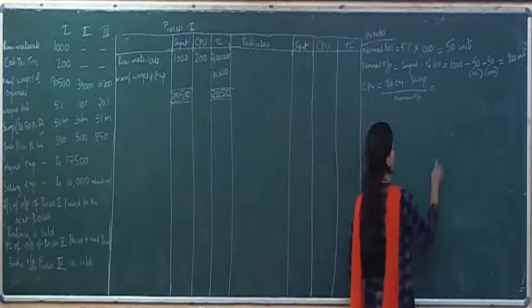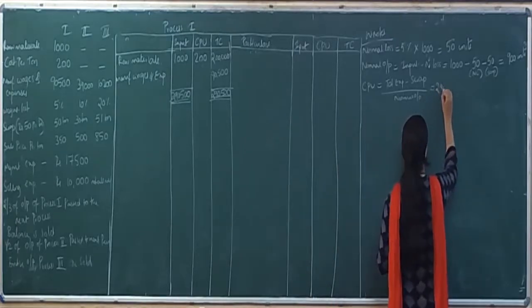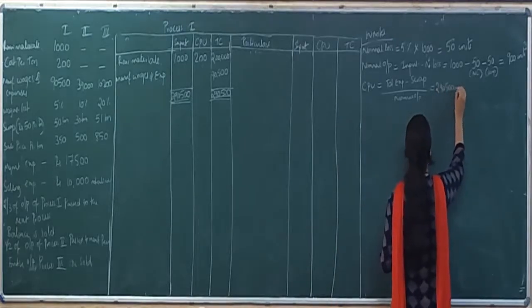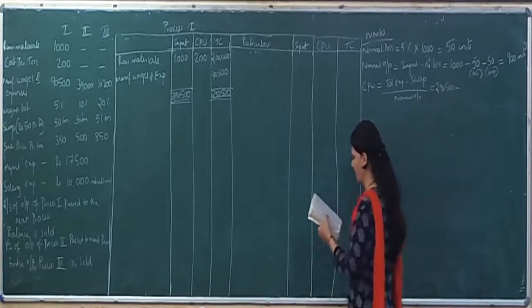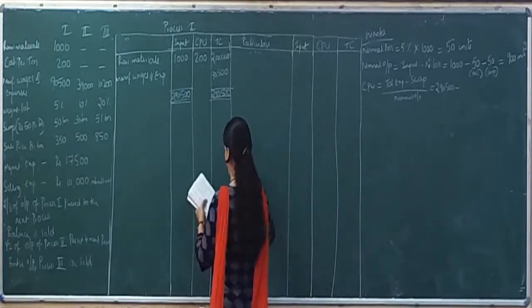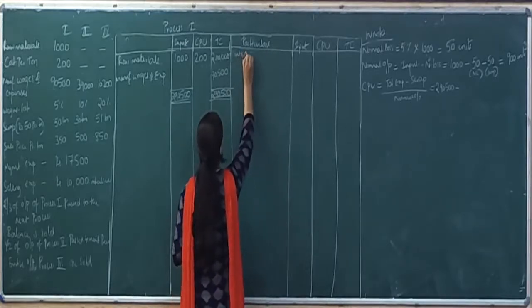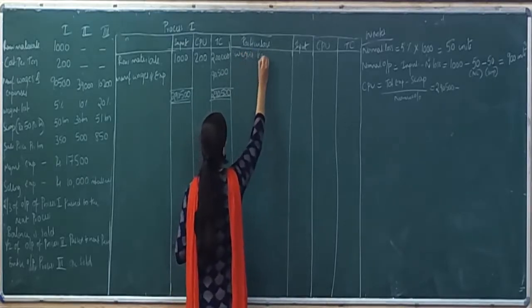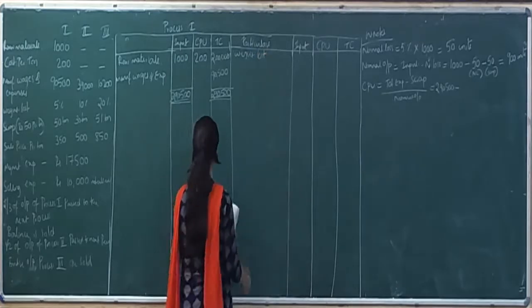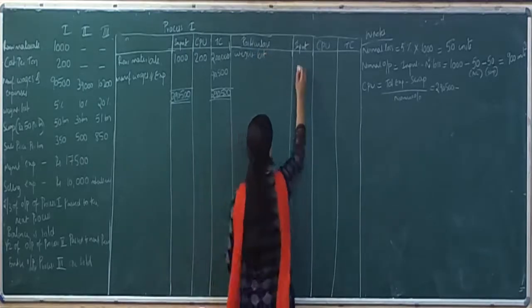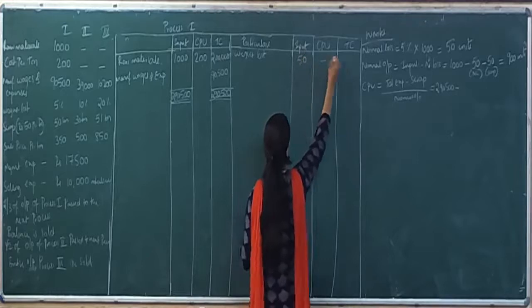So here we can write 2,90,500 minus scrap. Before that we can write weight loss, which is 50.